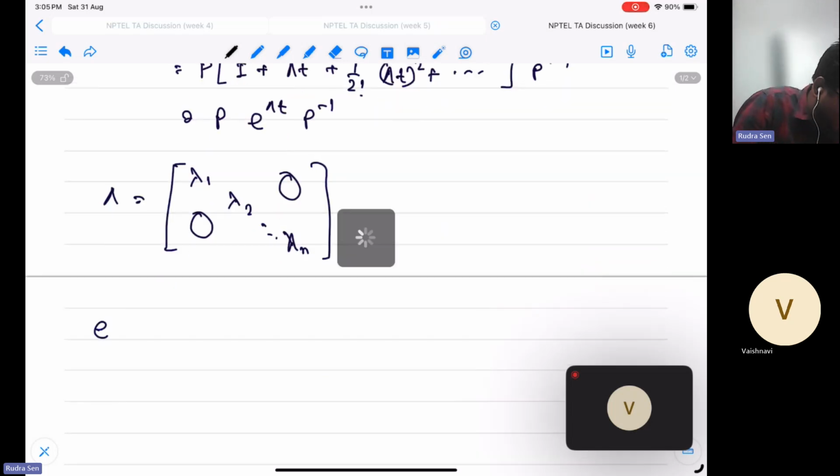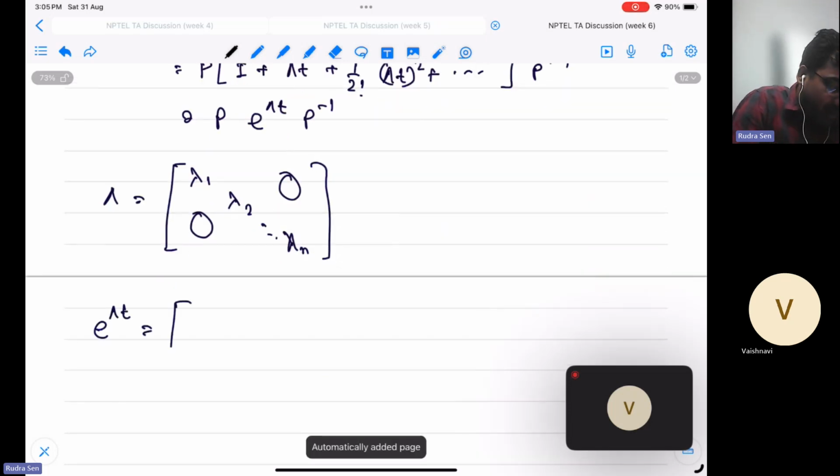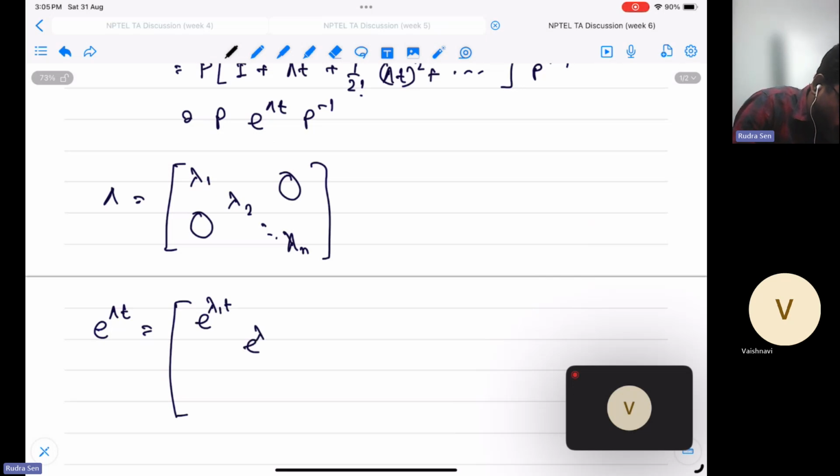Now e to the power lambda t is very easy to find: e to the power lambda 1 t, e to the power lambda 2 t, in that way up to e to the power lambda n t.